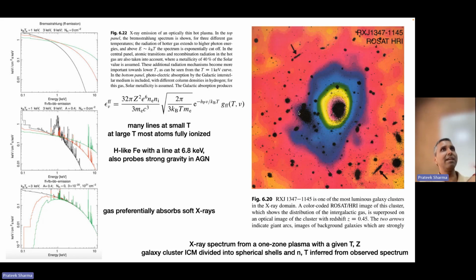So for example, if you're looking at the center of the sphere, you're not only looking at emission from the central part, but also emission from the outer parts, because that line of sight encounters plasma at all radii from the center of this galaxy cluster. So one has to be mindful of these projection effects in galaxy clusters. So this formula here, epsilon nu ff, is the formula for emissivity due to free emission.